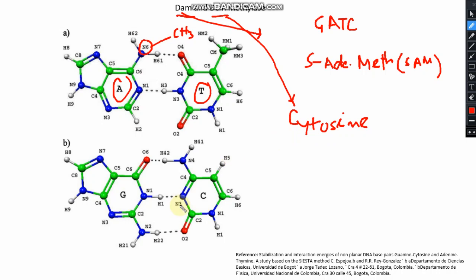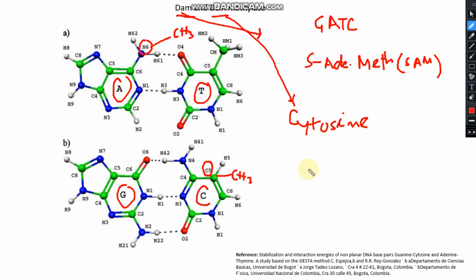Here you see the cytosine and guanine with the linkage in between, and this is the pyrimidine structure, and the numbering goes 1, 2, 3, 4, 5. So here is the C5, and here they attach the CH3 group.